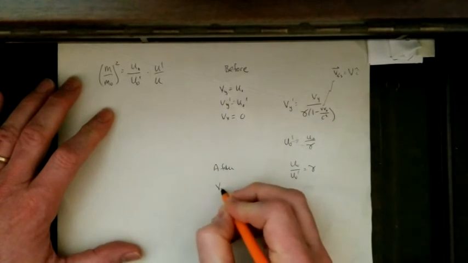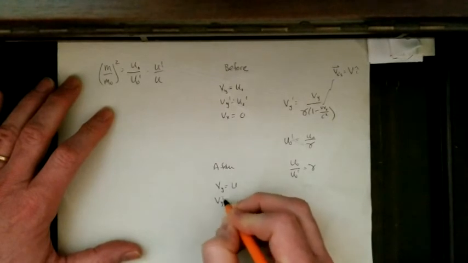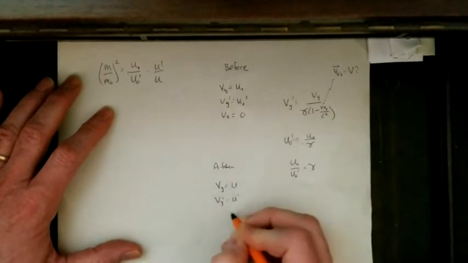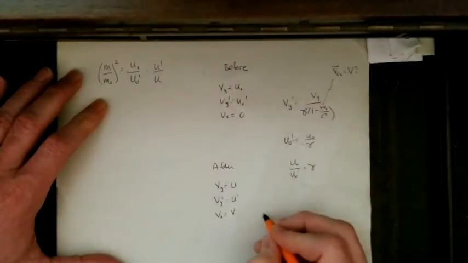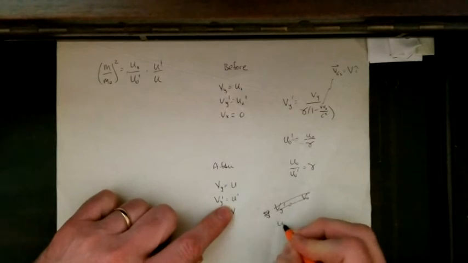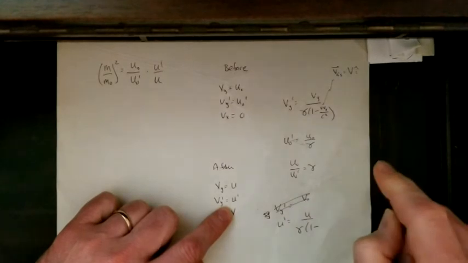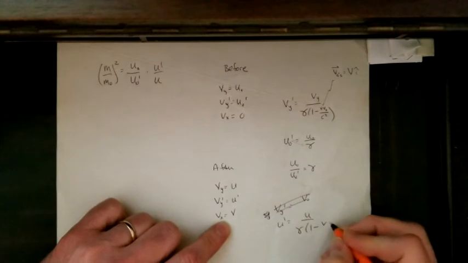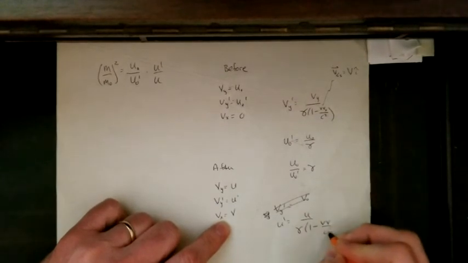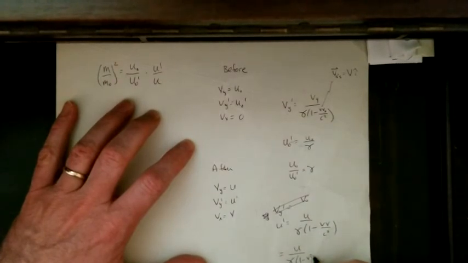I have Vy is equal to u, Vy prime is equal to u prime, and Vx is equal to v. Plugging in, u prime is equal to u over gamma times 1 minus the speed of s prime relative to s, which is v, over c squared, which is u over gamma times 1 minus v squared over c squared.